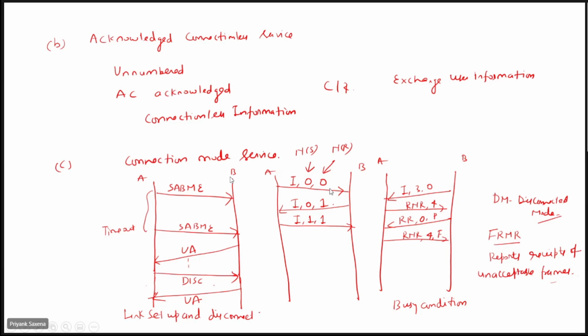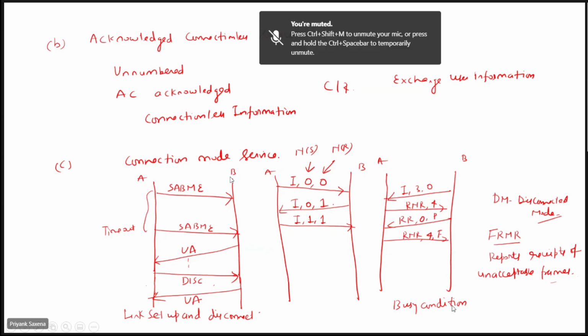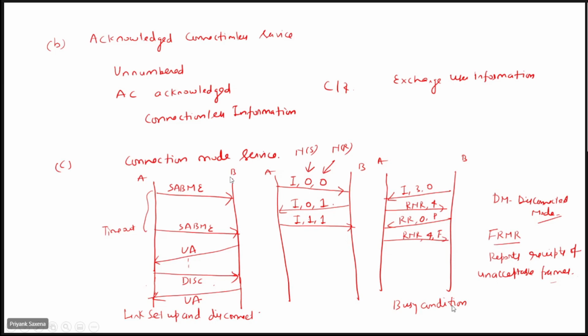And this is the data transfer information frame, NS, NR, acknowledgement, when data exchange is going on from both sides. And this is about a busy condition. Information frame, this is NR, NS, NR, RNR, receiver not ready. So it has rejected, right?